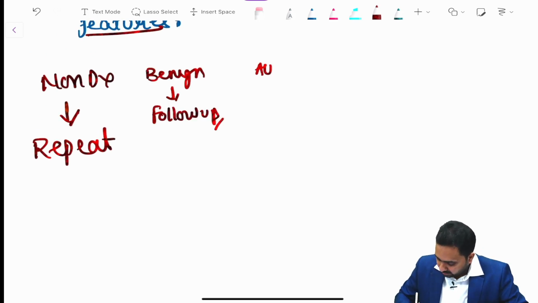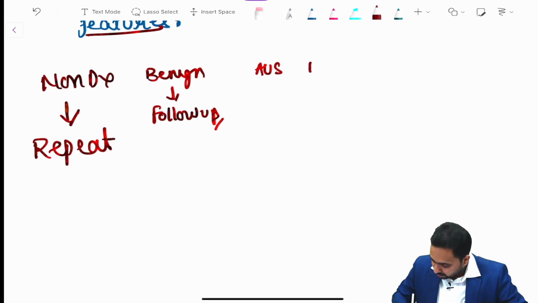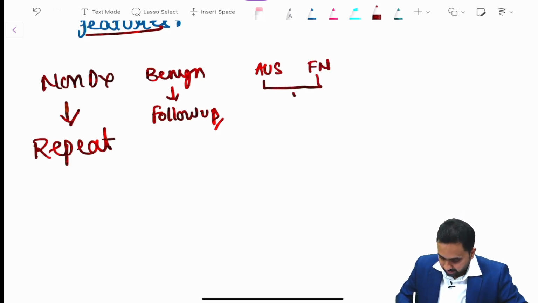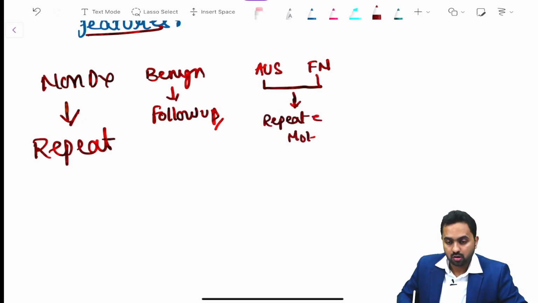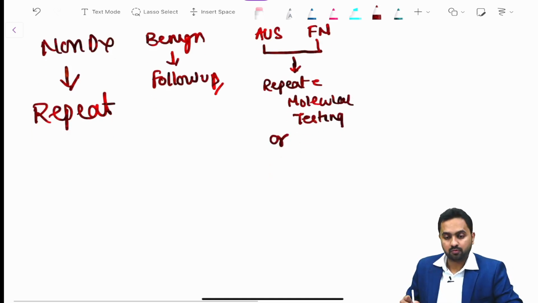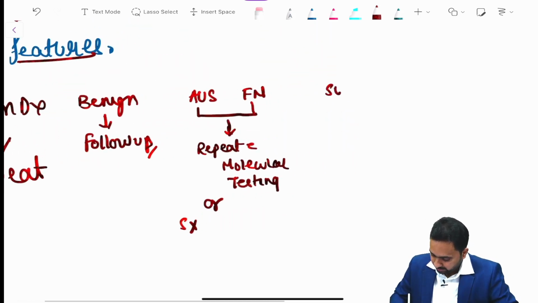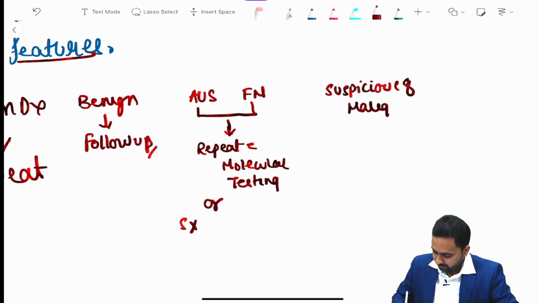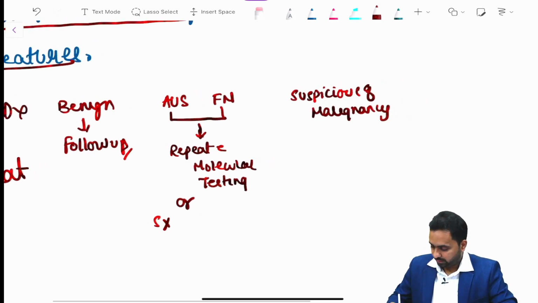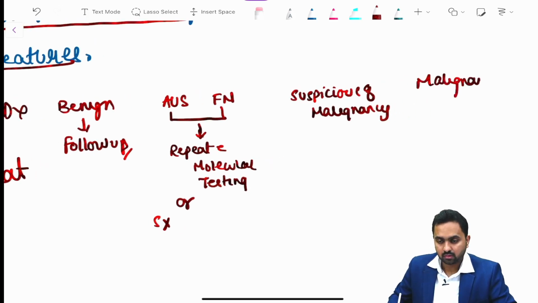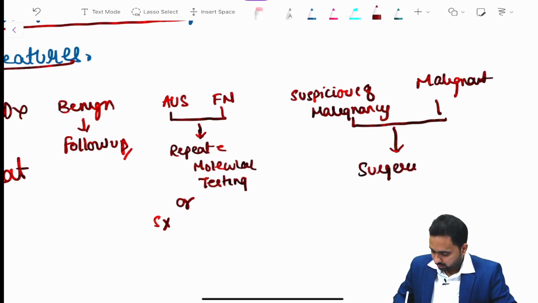Now if it is your AUS of undetermined significance or a follicular neoplasm, in such cases we repeat with molecular testing or perform a surgery. Now if it is suspicious of malignancy or it is malignant, then in such instances we do a surgery.